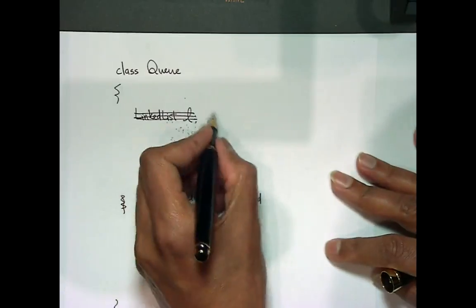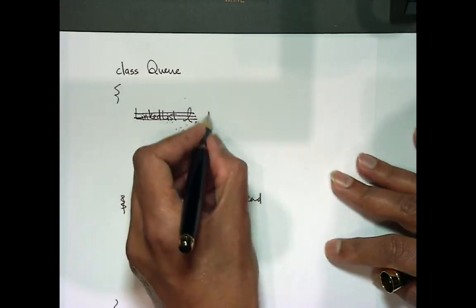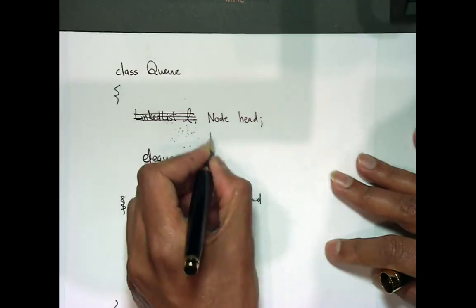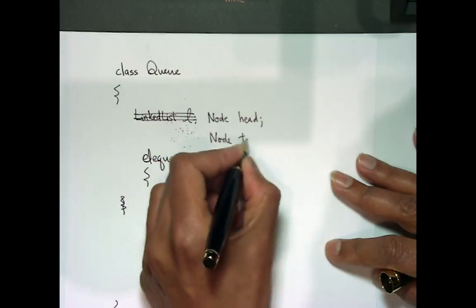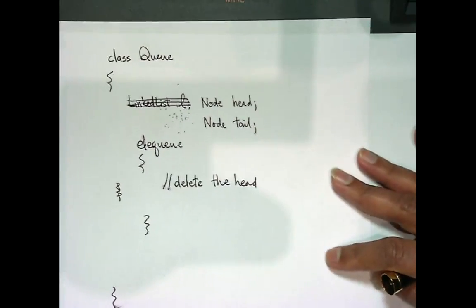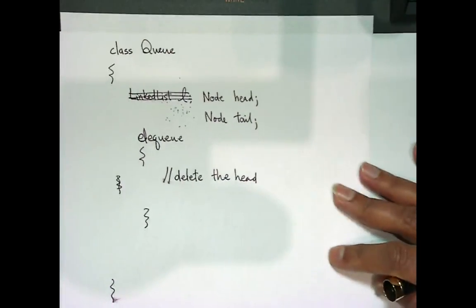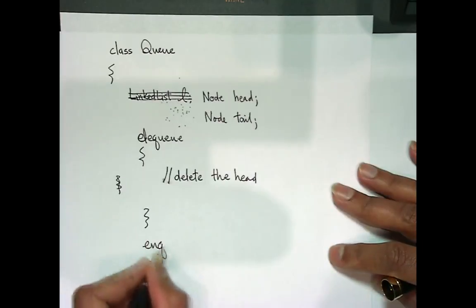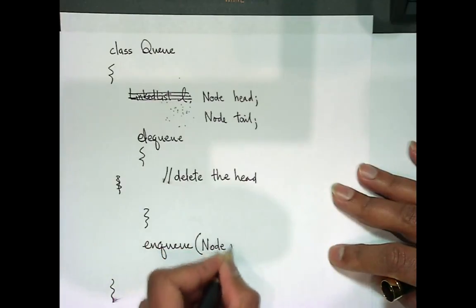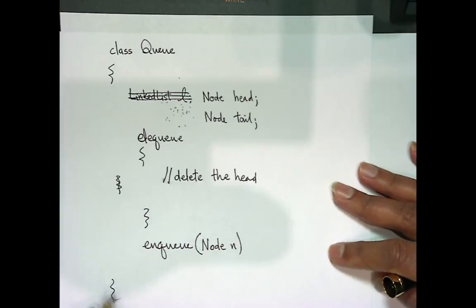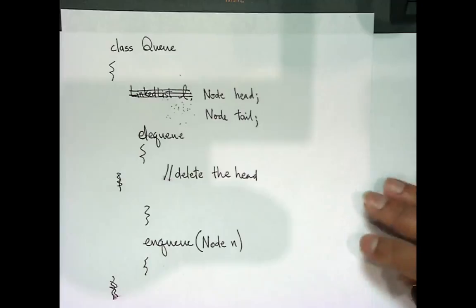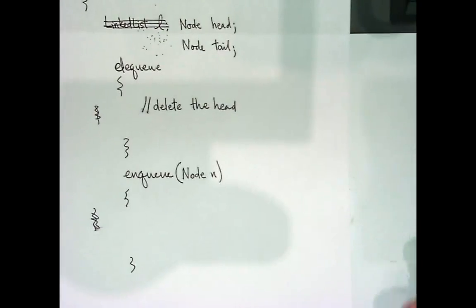You could have a node called head and a node called tail. The dequeue operation will just delete the head. The enqueue, maybe it gets a node n, will do what? Let me give you the options.